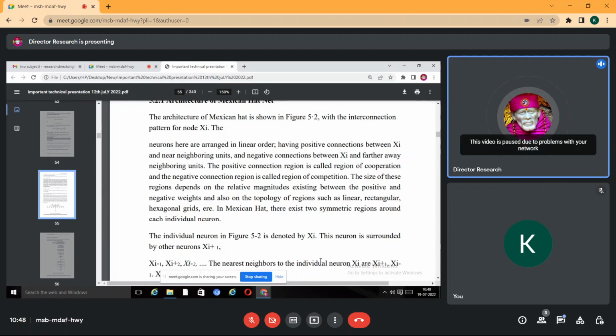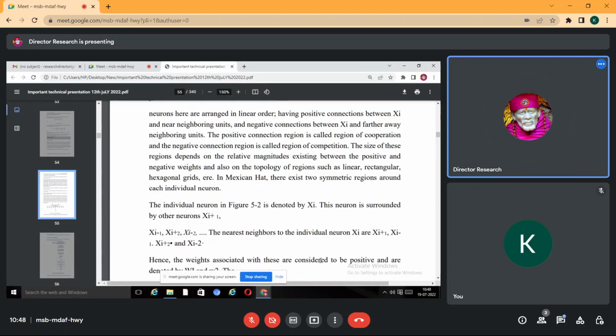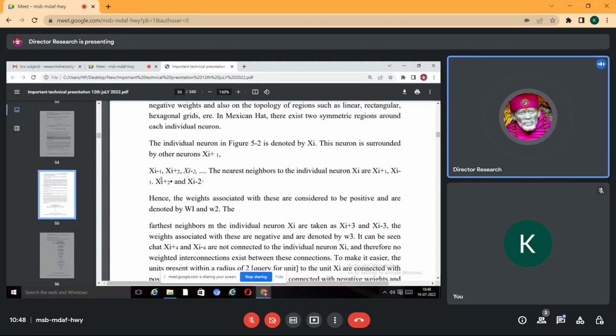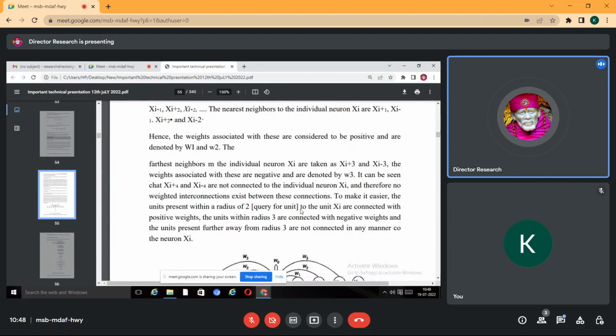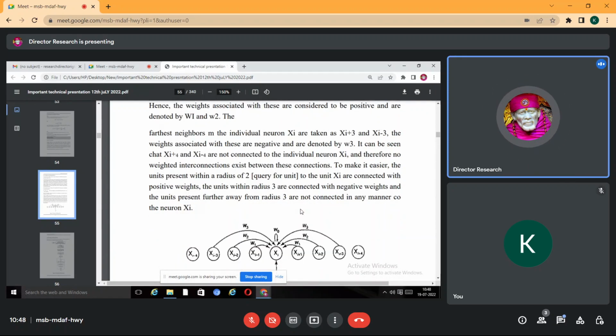In the Mexican hat, there exist two symmetric regions around each individual neuron. The individual neuron is denoted by xi. This neuron is surrounded by other neurons x(i+1), x(i+2), x(i-1), x(i-2), the nearest neighbors of the individual neuron. Hence, the weights associated with those are considered to be positive and are denoted as W1 and W2.